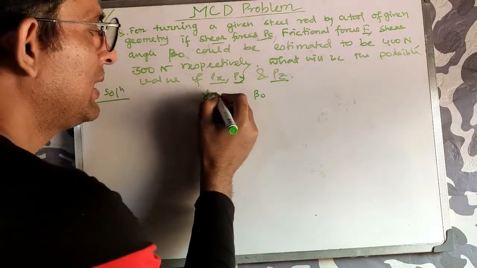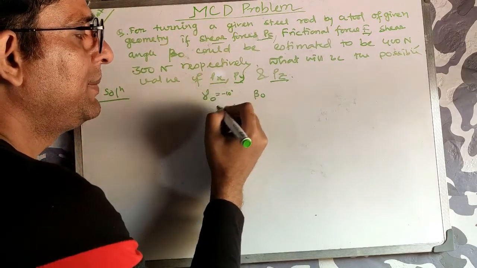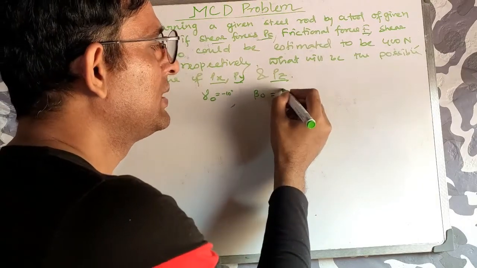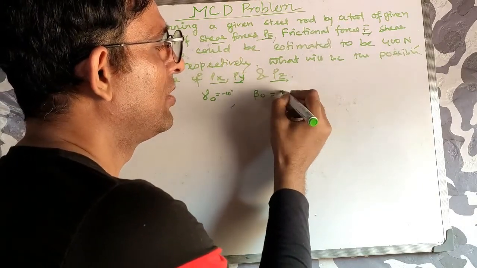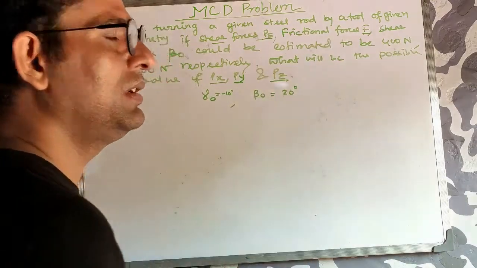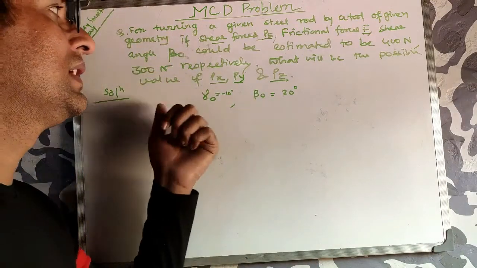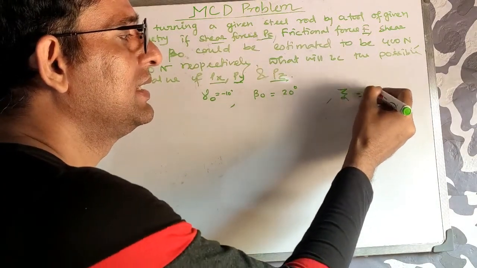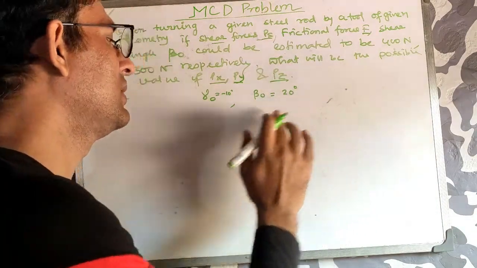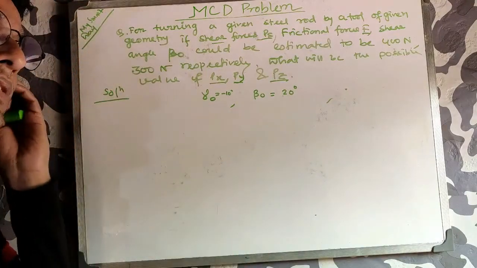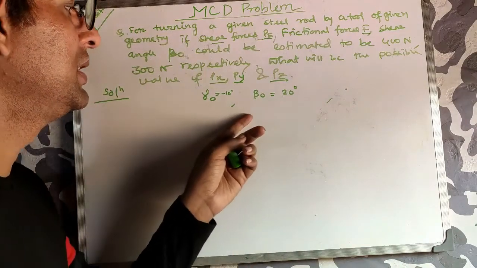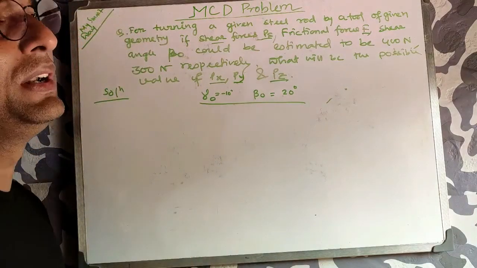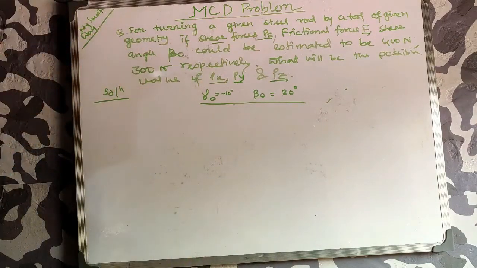Now gamma 0 you can assume as minus 10 degree, and beta 0 you can assume whatever you like, 20 degree or 25 degree, whatever is your choice. If the value of zeta etc. is given, then you can also find out the gamma 0. But if it is not given, then you need to assume the value of gamma 0 and beta 0. Now you have to draw the Merchant circle diagram.